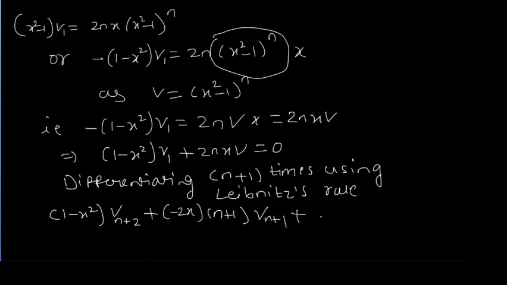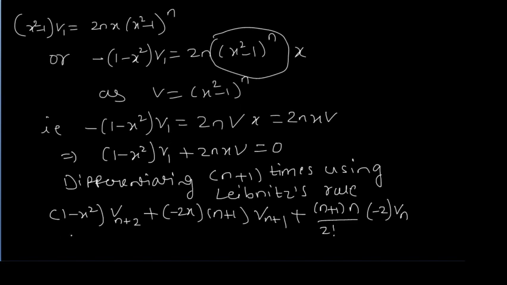Next is plus n plus 1 into n divided by 2 factorial into differentiation of minus 2x, that is minus 2, into vn. So the first term is over.